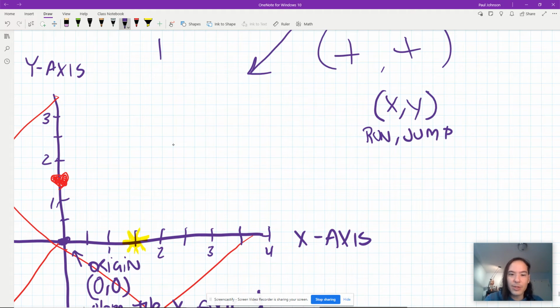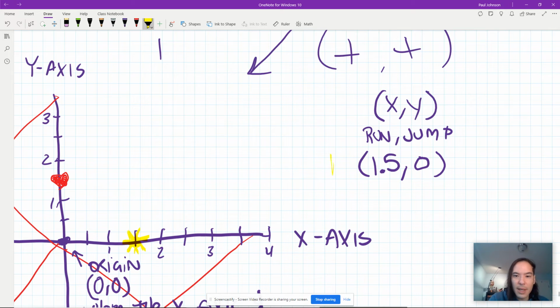The second number means you jump on the y-axis. So if we were going to try and find this point where the sun is, we'd run half, 1, 1 and a half. So our run would be 1 and a half. And then since we didn't jump at all, we stayed on the ground floor, our y is 0.